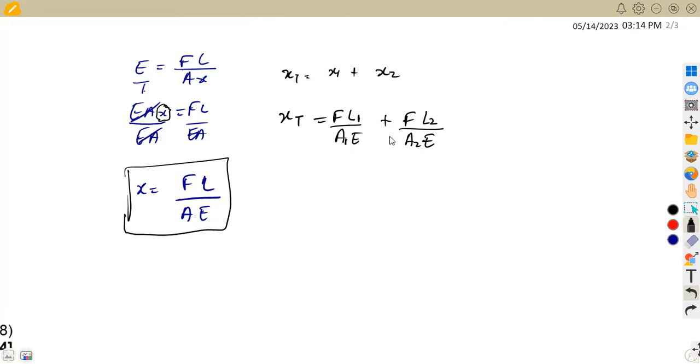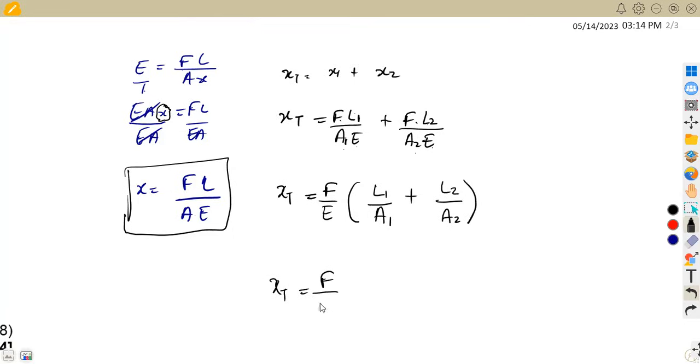So this is the formula you can use to calculate xt at once. Or you can factor out F over E, because F over E does not change. We remain with the length over area, which is L1 over area 1, plus length 2 over area 2. We also know that the area can be calculated from the given diameter.